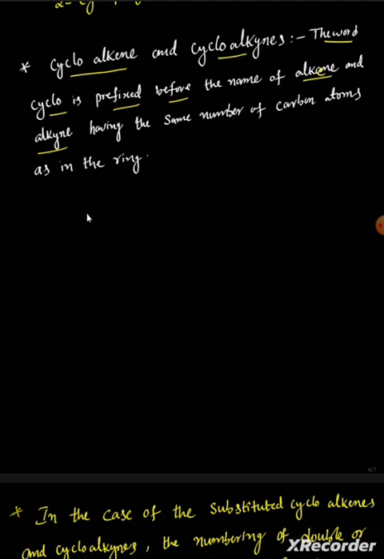For example, this is cyclohexane, actually having double bond. It is called as a alkene, hexene, cyclic form, no? Cyclohexene.